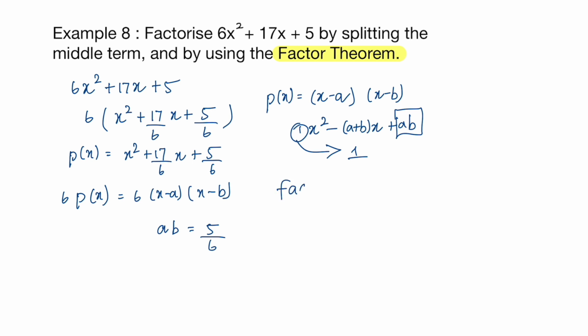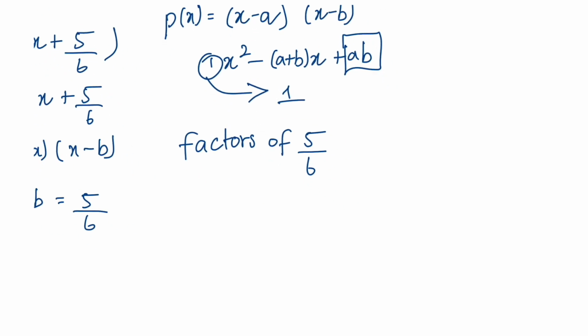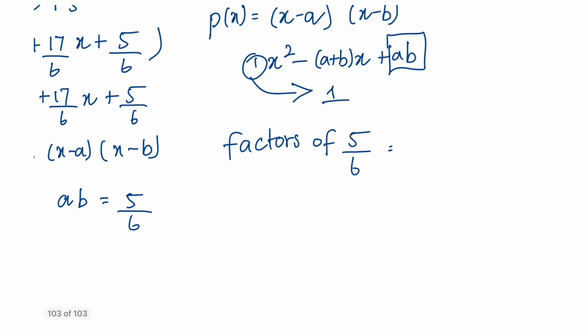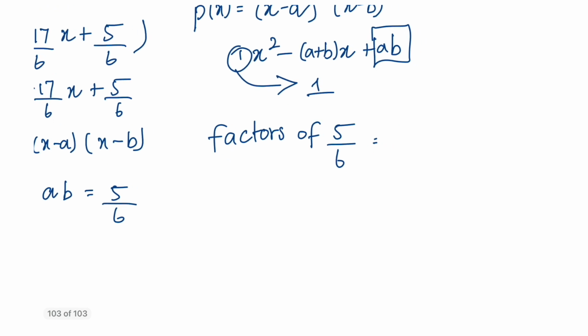Now we are going to write the factors of 5 by 6. These factors can be plus or minus values, because we have two numbers. So you can say minus 1 by 2 into minus 5 by 3. If you multiply both these, you will get 5 by 6, right?